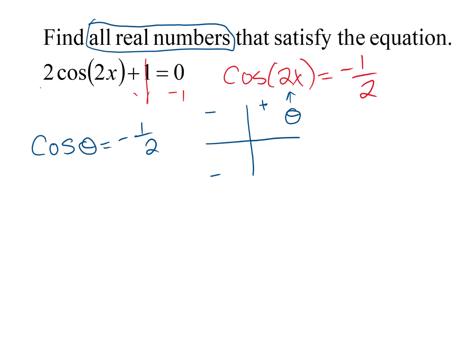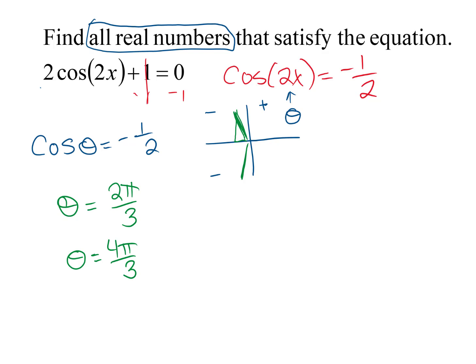The cosine is the x value, so smaller x, bigger y would give me an angle here, and then down there in quadrant 3 like this. So this would be when theta was 2 pi thirds, or another possibility is that other quadrant, 4 pi thirds.